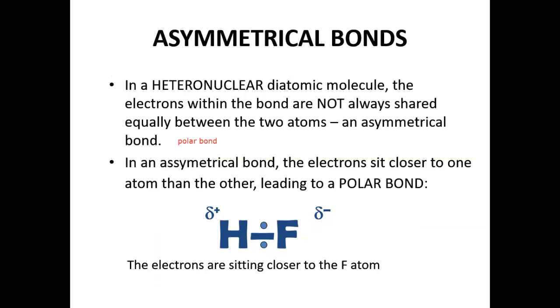And so in a polar bond, electrons sit closer to one side than the other, and this is why you have a stronger bond in a polar bond versus a nonpolar bond.